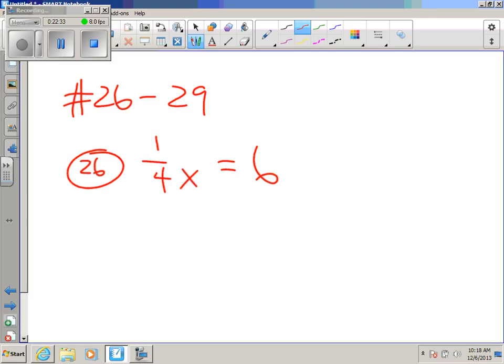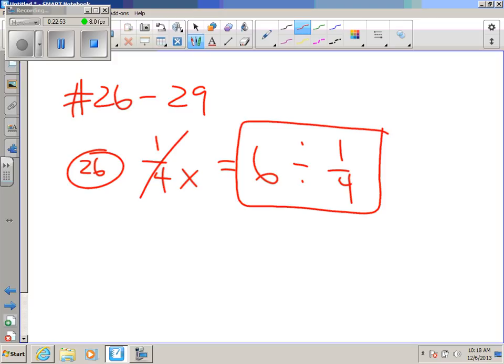Equations, we do the opposite. What's happening to x? It's being multiplied by 1/4. It's the opposite of multiplying by 1/4. Divide by 1/4. I'm going to cross that out and rewrite it just like that. Now, when you see it, which one always flips?